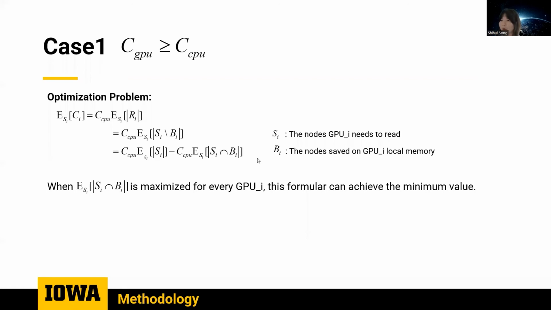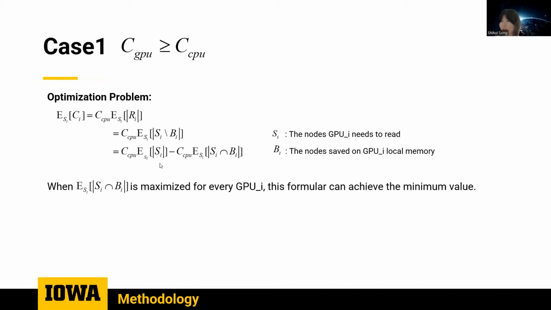When CGPU is larger, the optimization problem can be written as this formula. Ri here is all the nodes GPU i needs to read, and Bi is the nodes saved on GPU i. So Ri can be represented by this, and we can further write this formula into two parts.